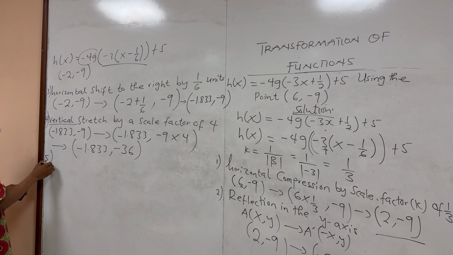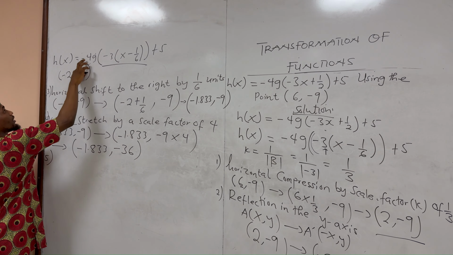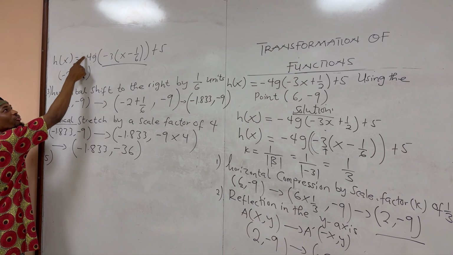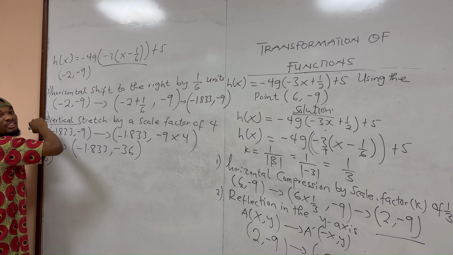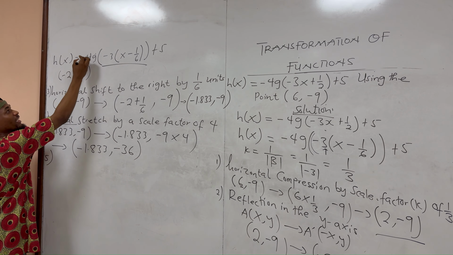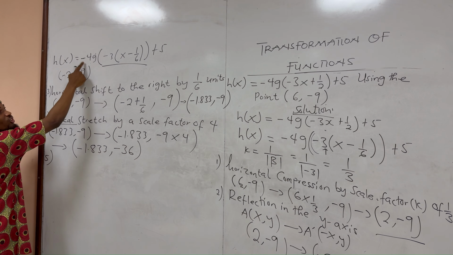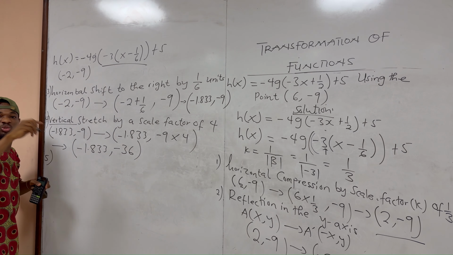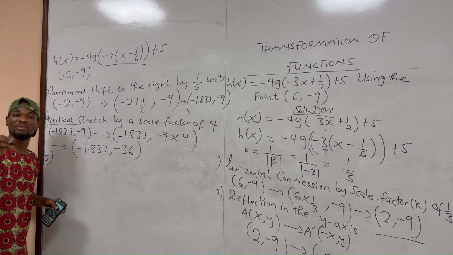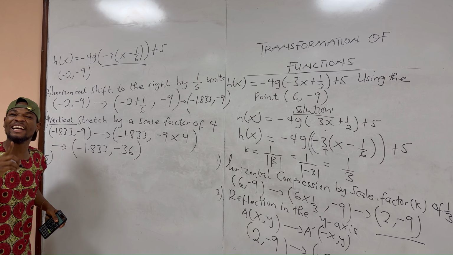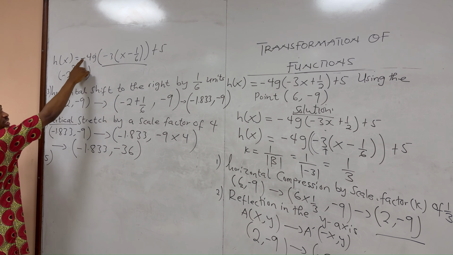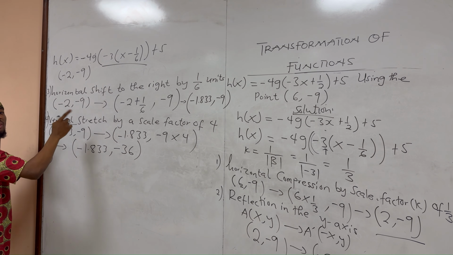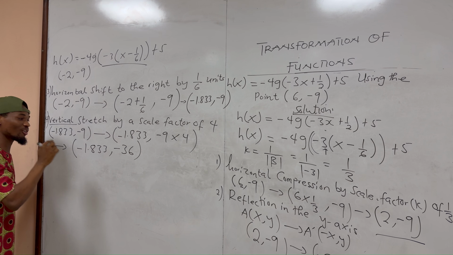Then the fifth one is, after that I would have come here, but realize that there is a negative over here, so I have to also do the negative. Because if you saw previously, the negative wasn't there, so we had to ignore it. This time around, realize that we are trying to negate the whole expression. So it's like you want to negate y. If you want to negate y, it means you are doing a reflection in the x-axis.